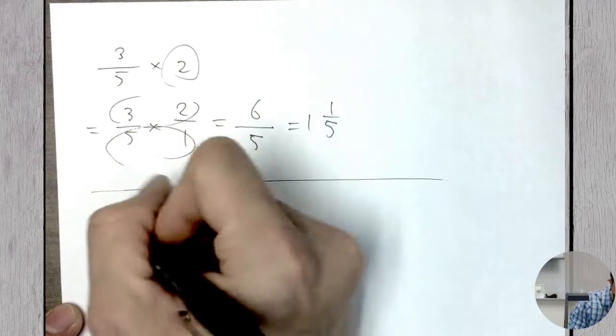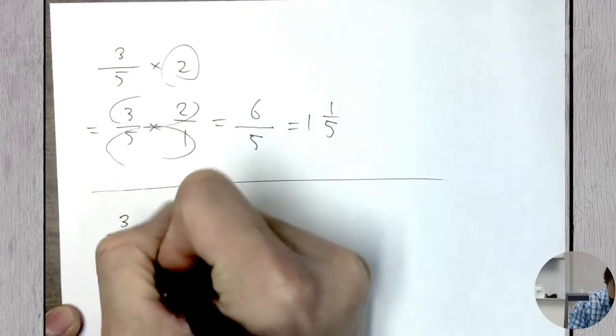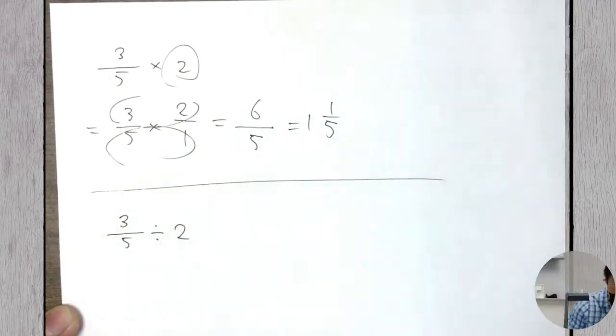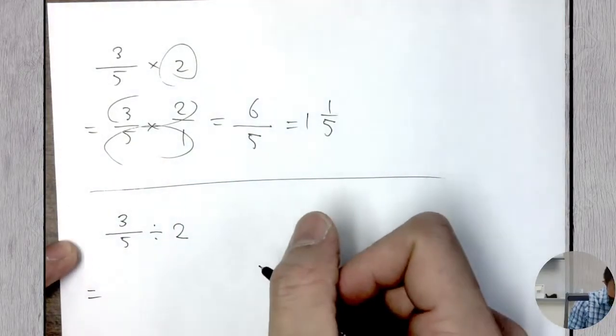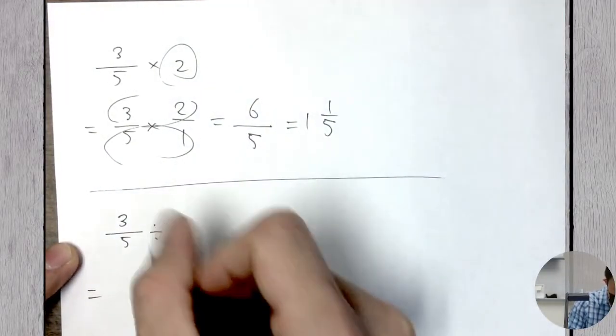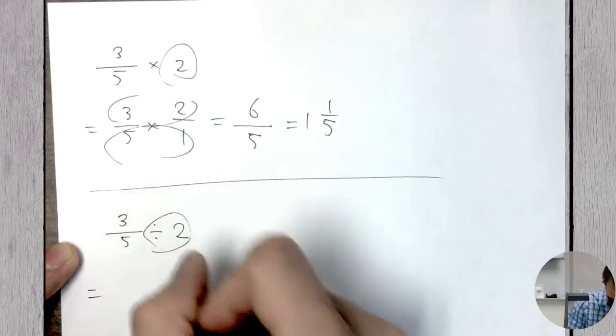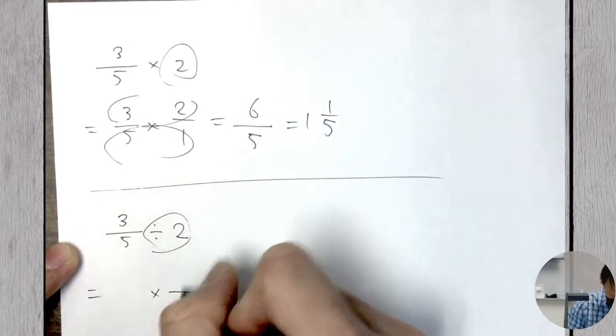What if in this case I ask you to divide? 3/5 divided by 2. If I ask you to do that, what do you do? What do I do here? Kelly? You multiply 5 and 2, all right. So what we're saying is change that divide by 2 to times that.